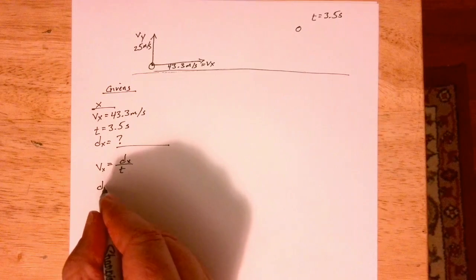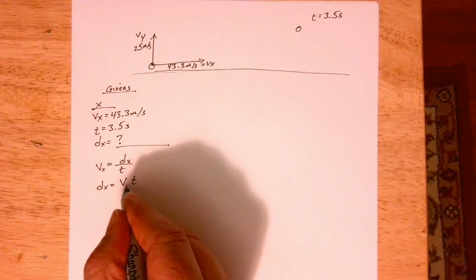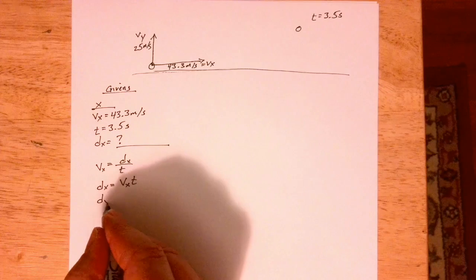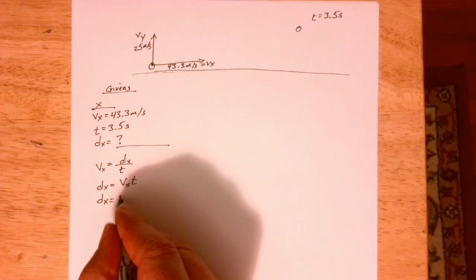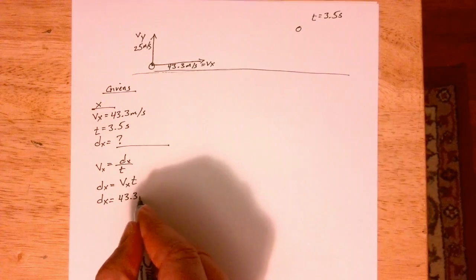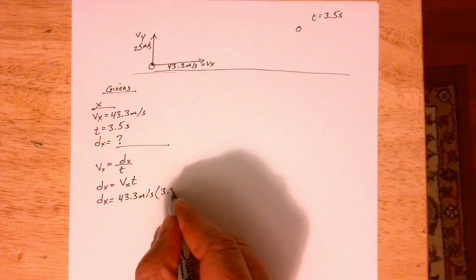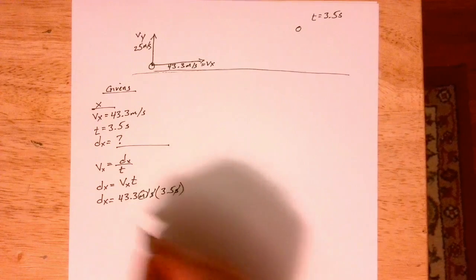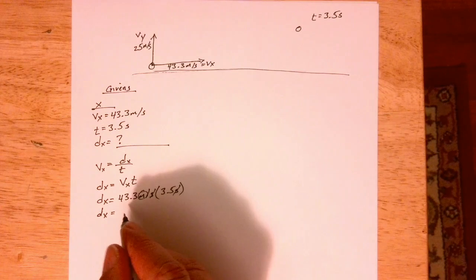So the distance, or the range, is equal to the velocity times time. The distance is equal to 43.3 meters per second times 3.5 seconds. Seconds cancel out, leaving you with the unit of meters. So the distance is 151.55 meters.